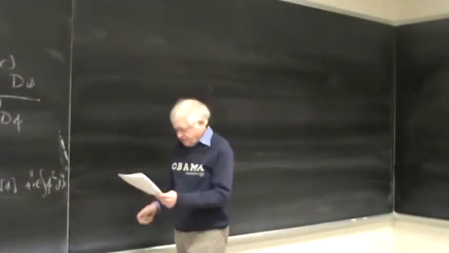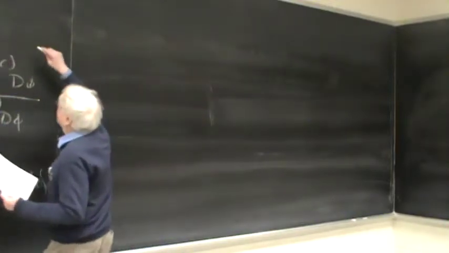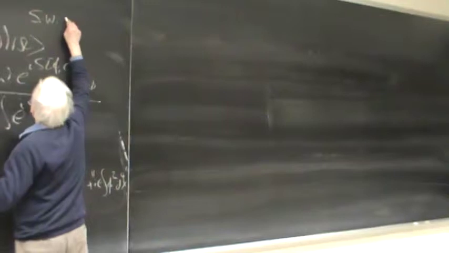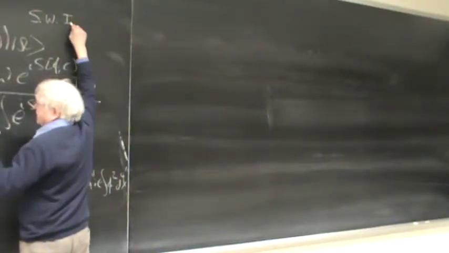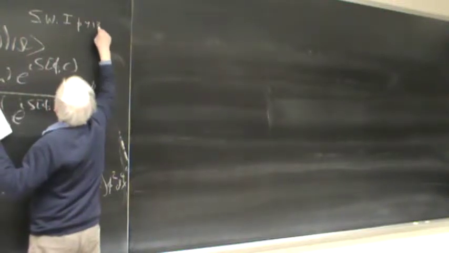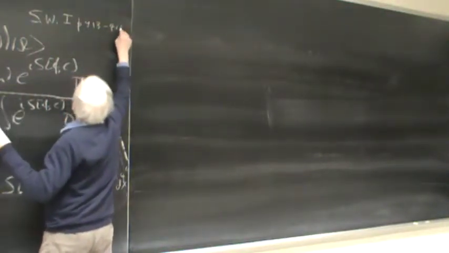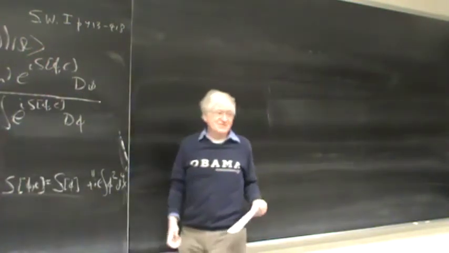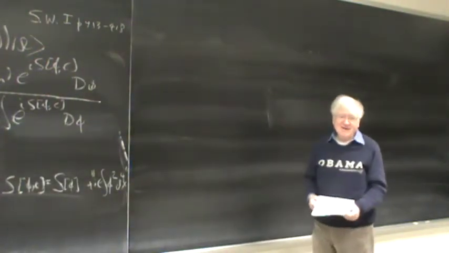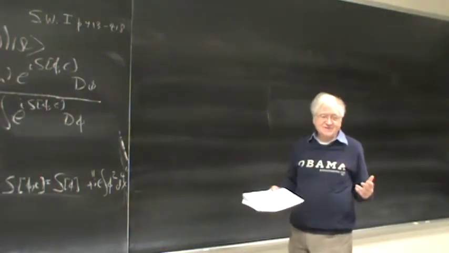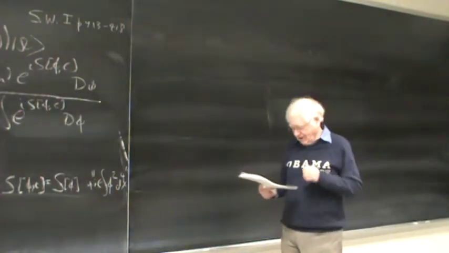I'll just refer you to Weinberg, Volume 1, pages 413 to 418. So that's 5 or 6 pages of pain there, where he discusses the Dirac brackets.